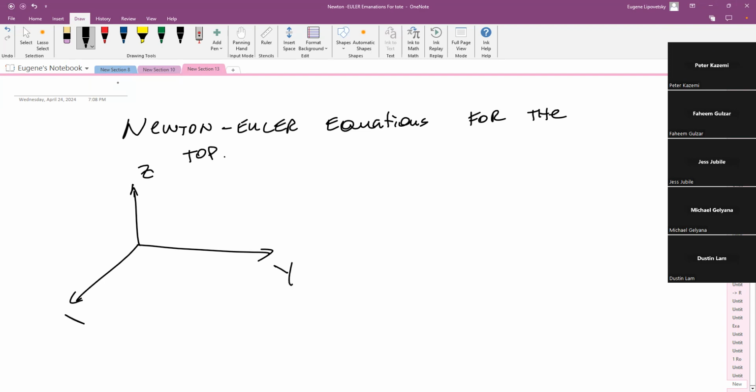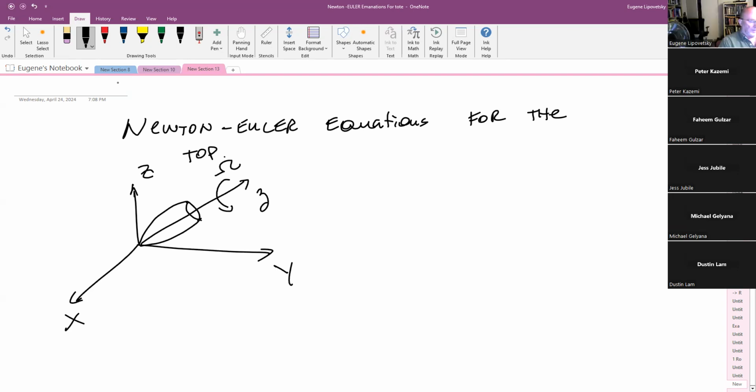Z, Y, X. These are inertial axes. That is Z axis. The angle about it is omega.